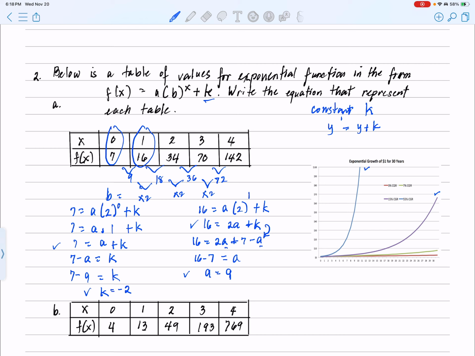Our equation here would be f of x equals 9, our a, times 2, which is b, to the power of x, plus our k, which is -2. For this table, this will be the equation.